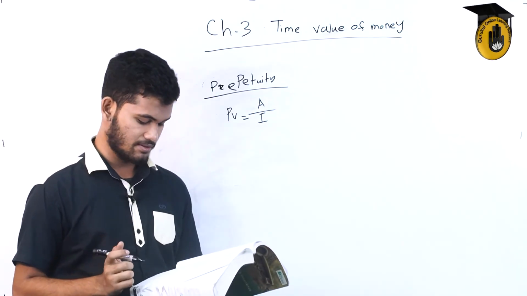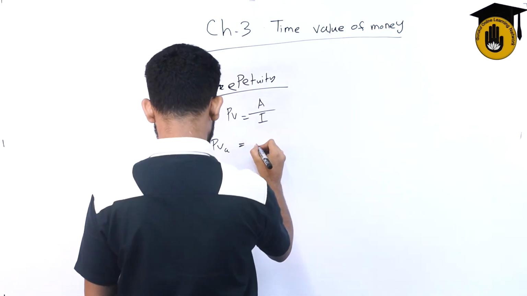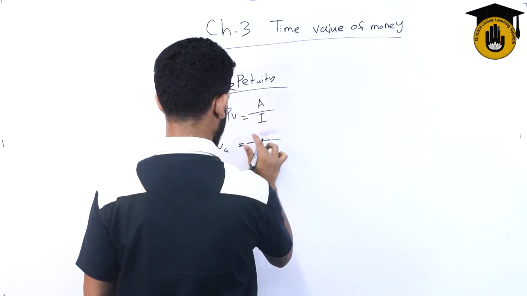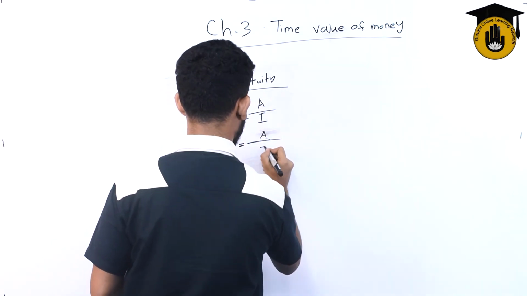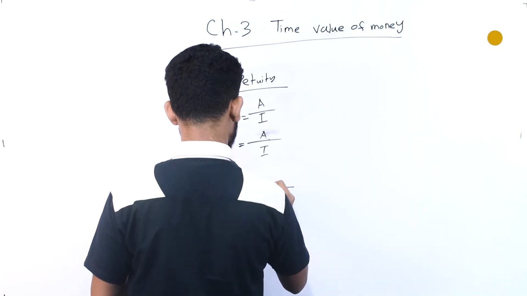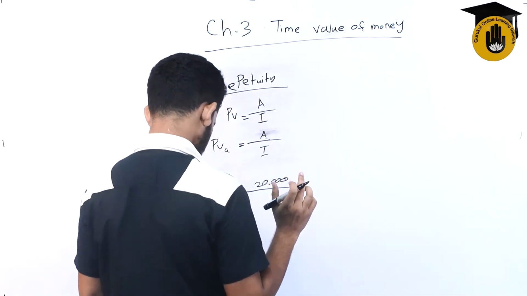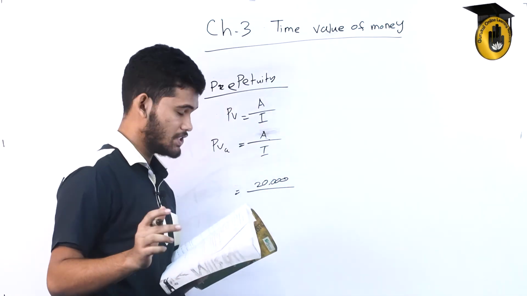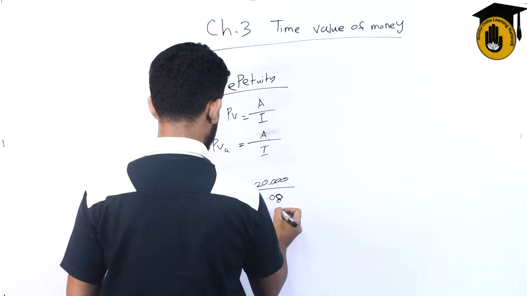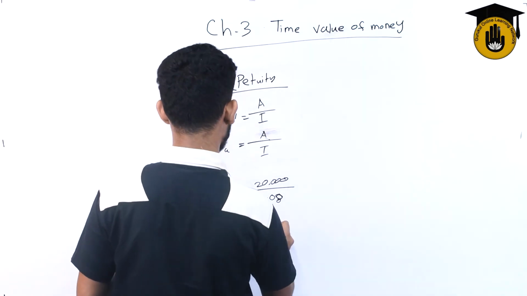So let's take a look at the math. The interest was 8%. If we break it down to a decimal, it will be 0.08. Divide 20,000 by 0.08, we will get 250,000.